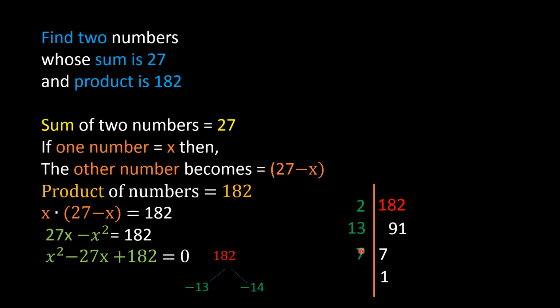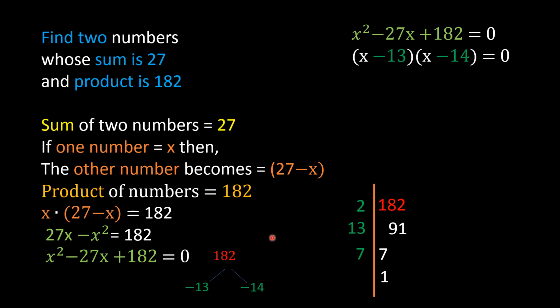So 2, 13 and 7 are the factors of 182. Now out of these factors, we will write 13 and 7 2s are 14. So 13 and 14 are the required factors. But since their sum should be minus 27, we have to take these two factors to be negative. Hence we are taking minus 13 and minus 14. Now the factors of this quadratic polynomial will be x minus 13 and x minus 14 equals 0.